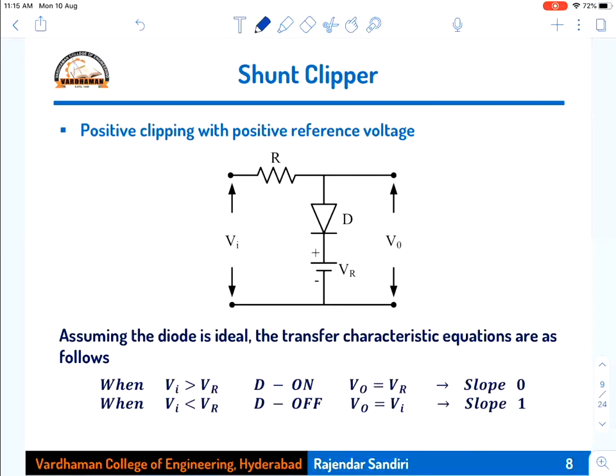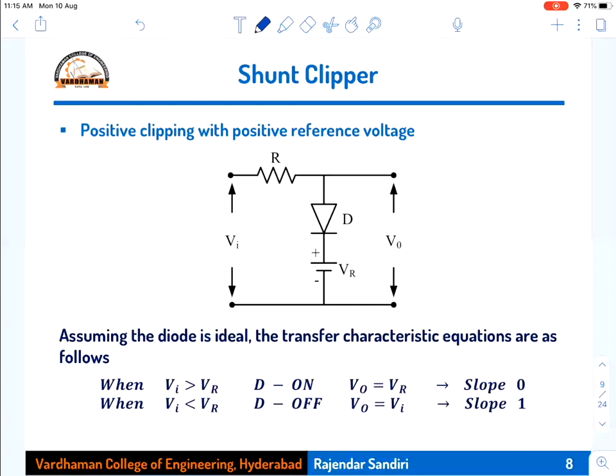Now I will tell all those points and remind you how they apply to this example. By just looking at the circuit, not the name given on top, what type of clipper is it?